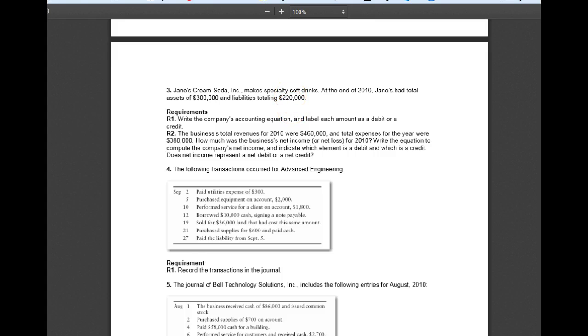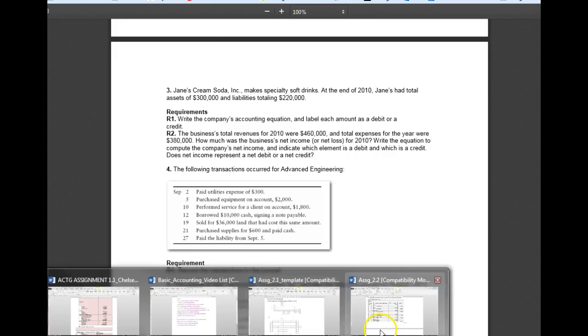Well, you know that's the accounting equation, and you're going to have to find the owner's equity for that. Then we move on to the revenues. It tells you revenues are 460 and expenses were 380, and then it asks you to find the net income.